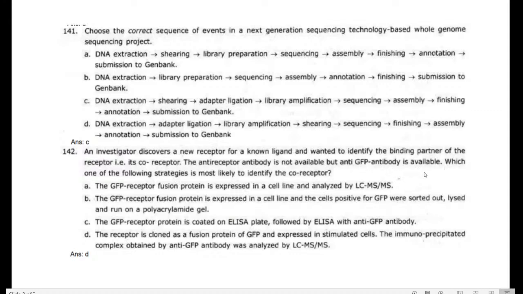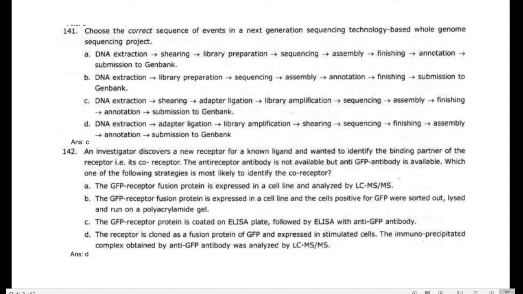Which one of the following strategies is most likely to identify the receptor's partner? One thing we want to know: in these past 3 days, including today, we have discussed a lot of methods.